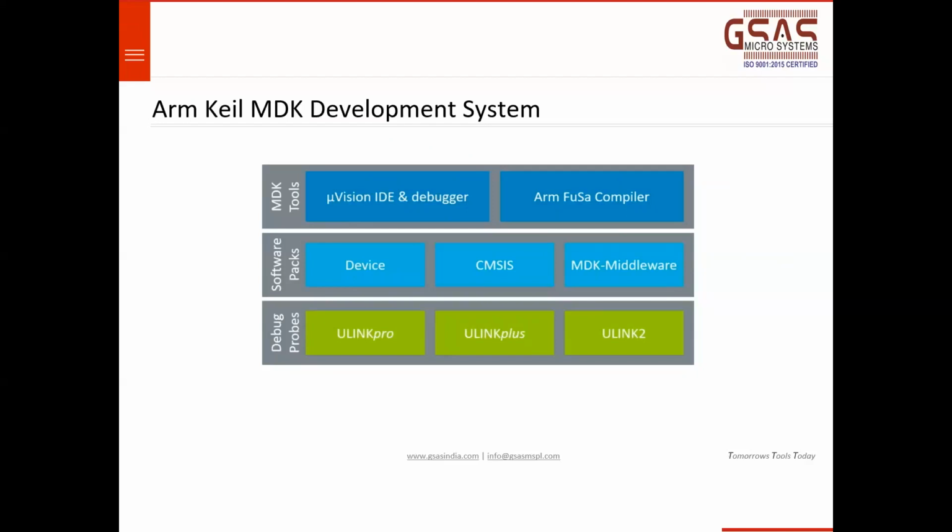Okay. Next, coming to debug probes, we have a wide range of debug probes from ARM. The lower end is ULINK2, ULINKplus, and the higher end is ULINKpro. Today we'll be seeing real-time profiling, capturing of data from a running hardware board using the ULINKpro debugger. ULINKplus is basically a lower end version of ULINKpro, but it helps in power analysis.